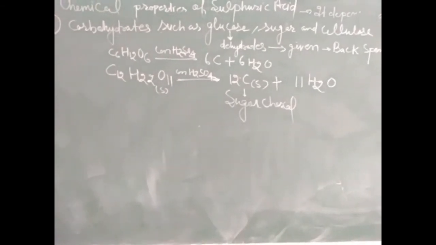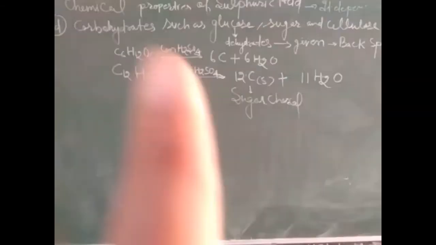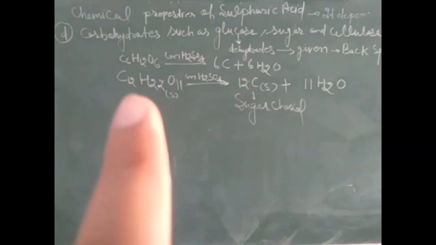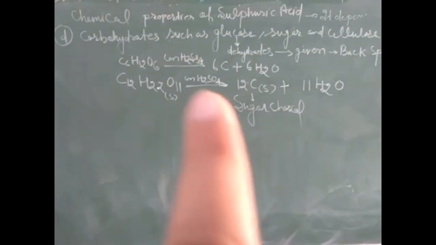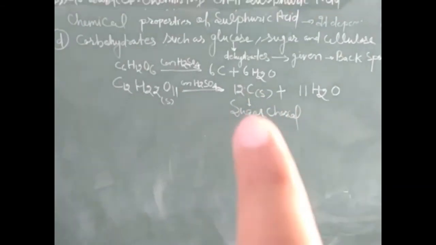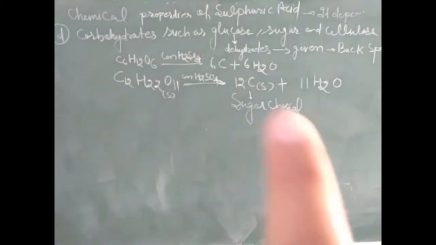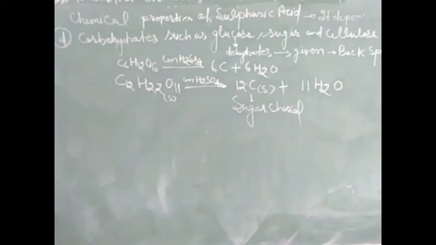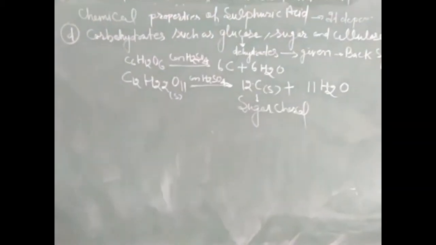Again, this is sugar, C12H22O11, which in the presence of concentrated sulfuric acid dehydrates to give black sugar charcoal along with the release of water.